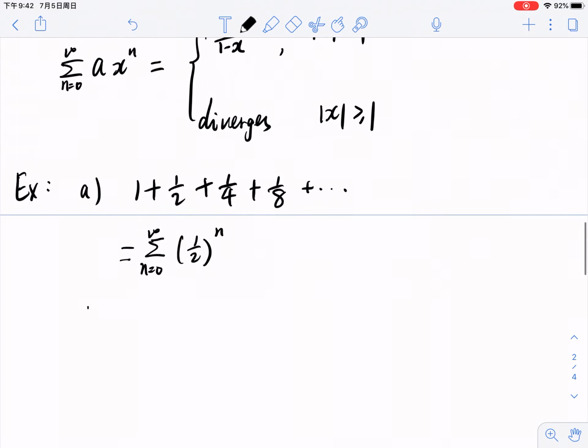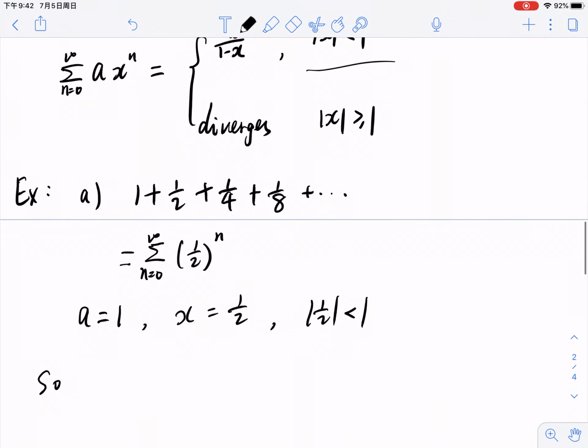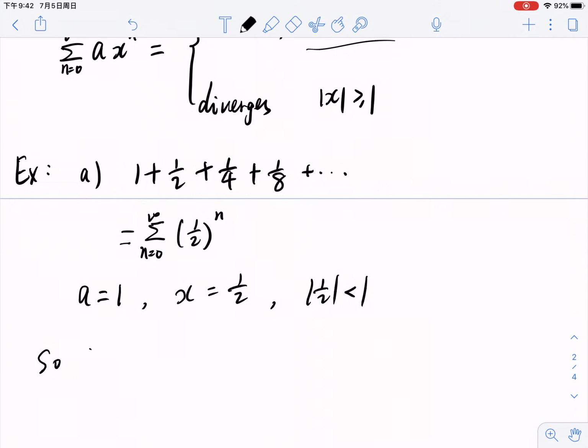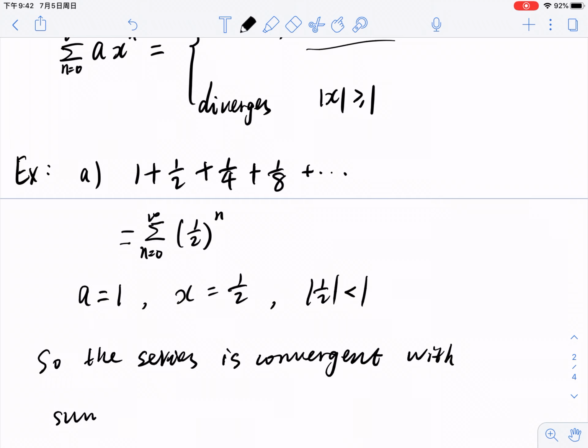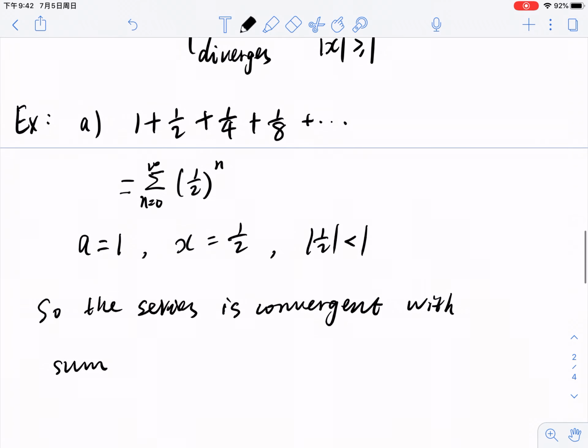For this case, a is 1 and x is 1 half. The absolute value of 1 half is less than 1. So by this conclusion, the series is convergent with sum a over 1 minus x, so 1 over 1 minus 1 half. So this is 2.